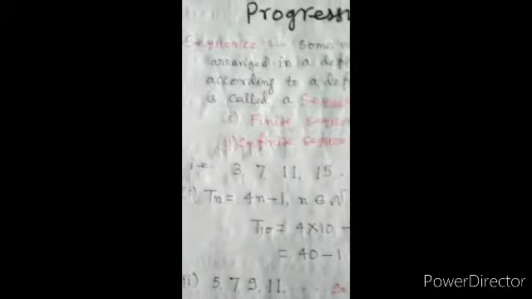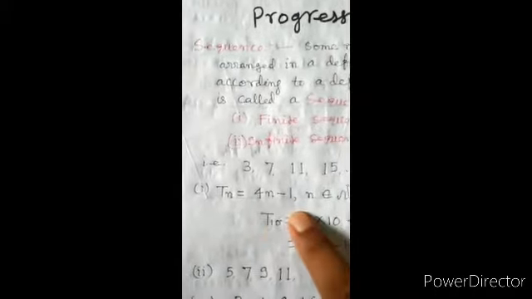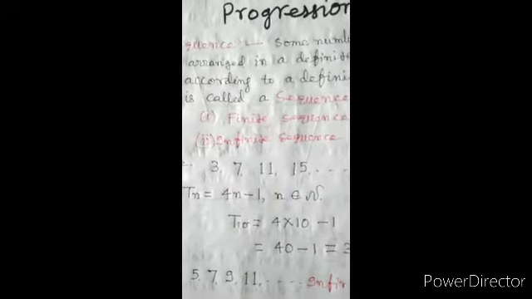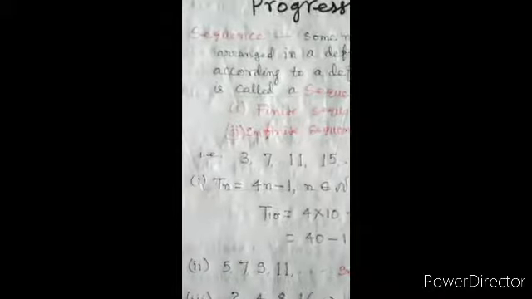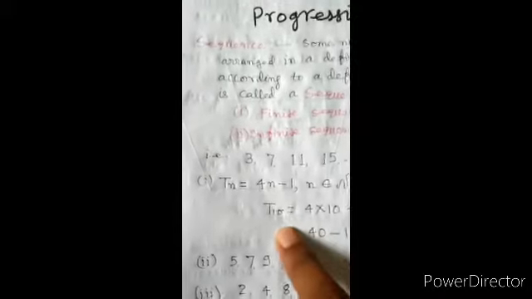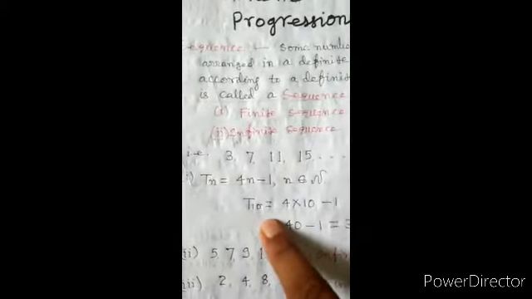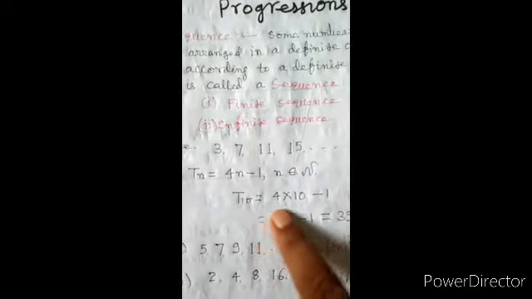If we are given Tn is equal to 4n minus 1, where n belongs to N, then we can obtain any term, nth term, such as the 10th term or 4th term, 5th term, any term, by replacing n by that number.